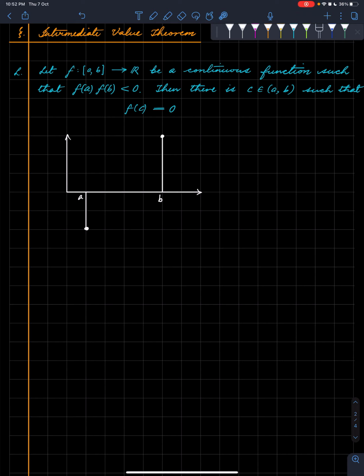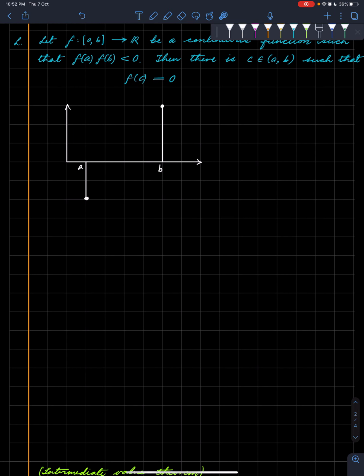Since the function is continuous, you can't lift your pen, and at some point you need to cross the x-axis, which is a point where the function will take the value 0, and that's it. So the theorem is very, very intuitive, but we need to prove it. The proof is not so obvious despite the simplicity of the statement.